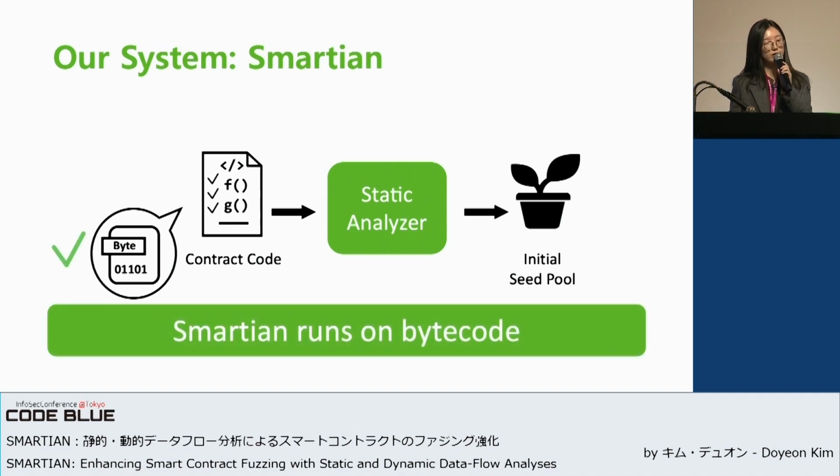And our system receives the contract in the form of bytecode. Therefore, static analysis for data flow is not trivial because we have to observe low-level instructions.